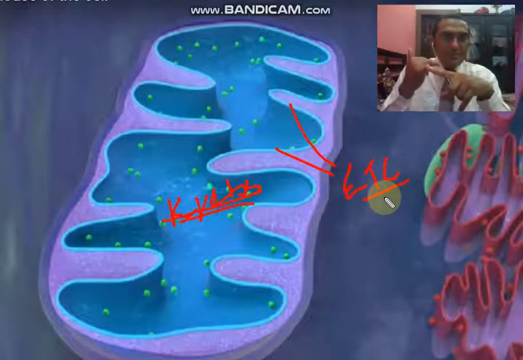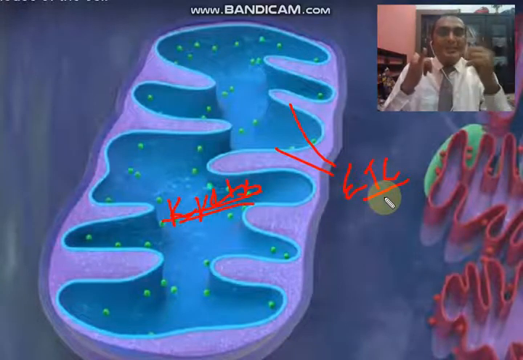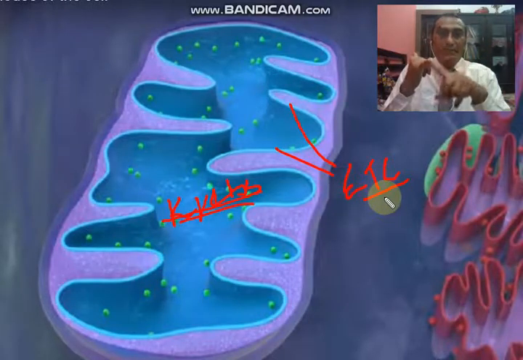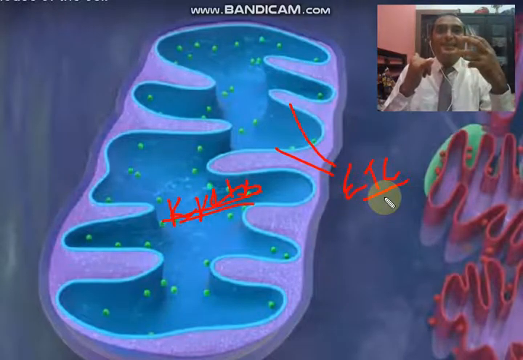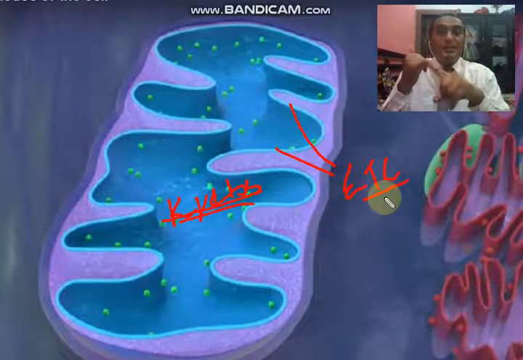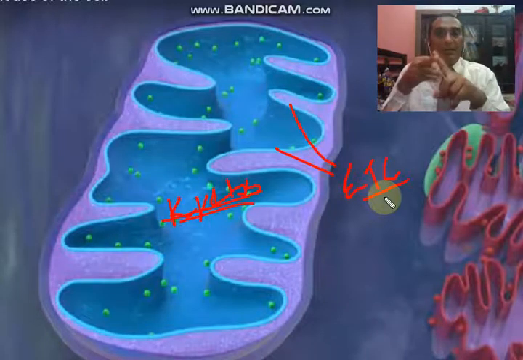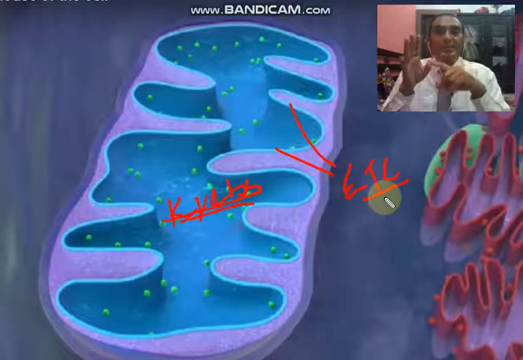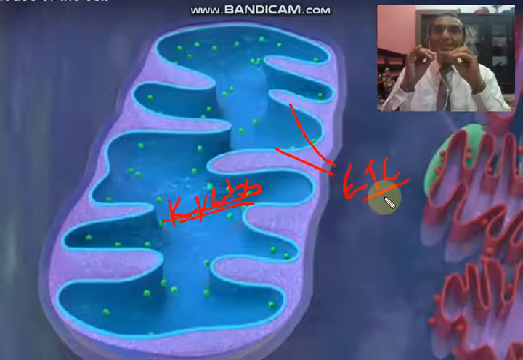So the matrix is like the stroma material; it possesses many substances, like we have discussed in the chloroplast. In the matrix, the same things: DNA is present, RNA is present, ribosomes are present, and especially enzymes are present, and all these enzymes are especially for the process known as the Krebs cycle.